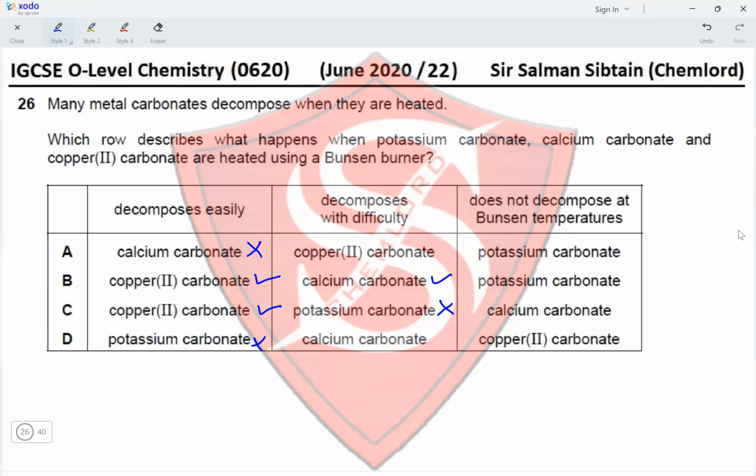So decomposing with difficulty is the one with a +2 charge but only one cation, which is calcium carbonate, and does not decompose at all would be potassium carbonate, because there are two cations with a +1 charge which would hold on to the carbonate ion much more strongly, requiring a much larger amount of heat energy for decomposition. So this makes option B the correct option for this question.